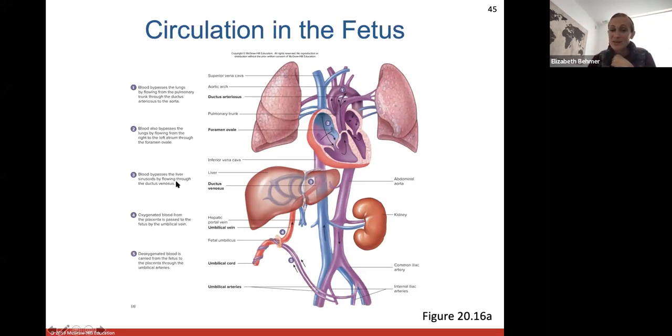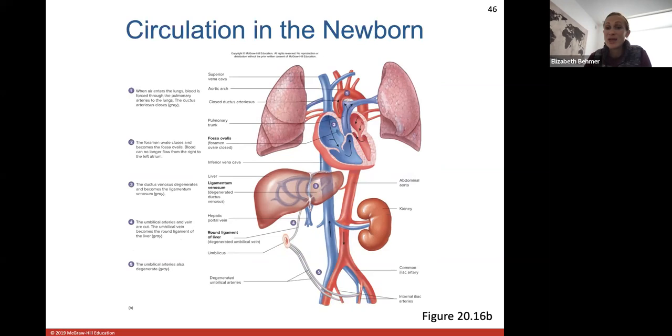Blood bypasses the liver by flowing through the ductus venosus. So blood won't even go to the liver yet. Oxygenated blood from the placenta will be passed to the fetus by the umbilical vein, and deoxygenated blood is carried from the fetus to the placenta through the umbilical arteries. So the fetus is still getting oxygen and getting rid of waste through the umbilical cord, through the umbilical artery and umbilical vein.